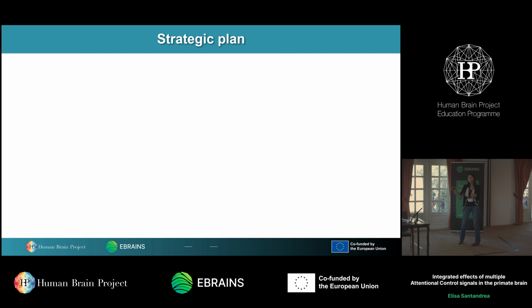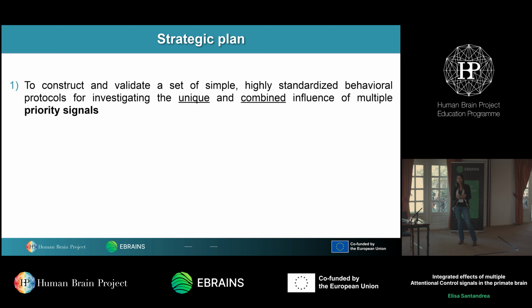And the strategic plan of the project was basically organized in three phases, and the first two are almost done, and the third one needs help, in a sense, and e-brains can be one of the elements that would support this phase. The first phase was to construct and validate a reference paradigm, a standardized protocol to study all the different priority biasing signals in a unique experimental framework, so in the same context.